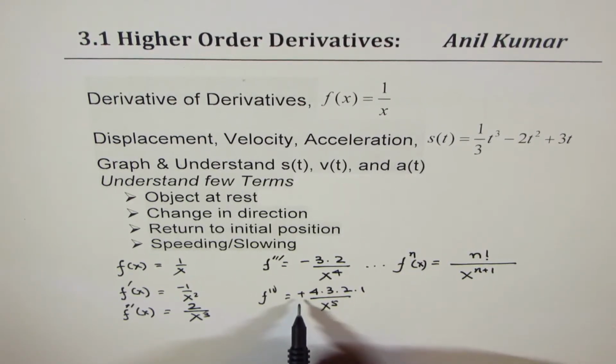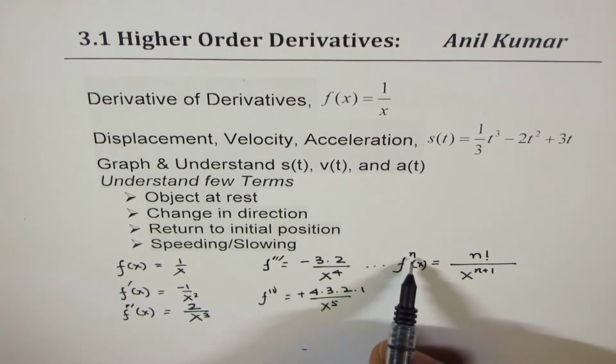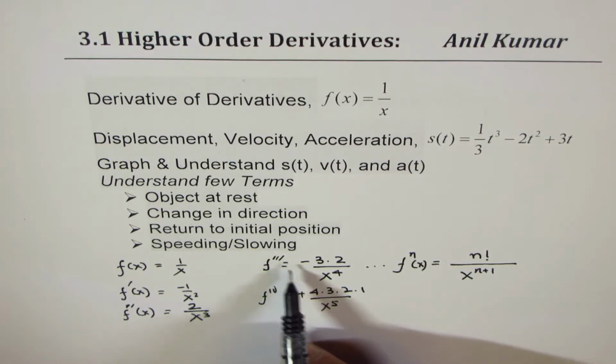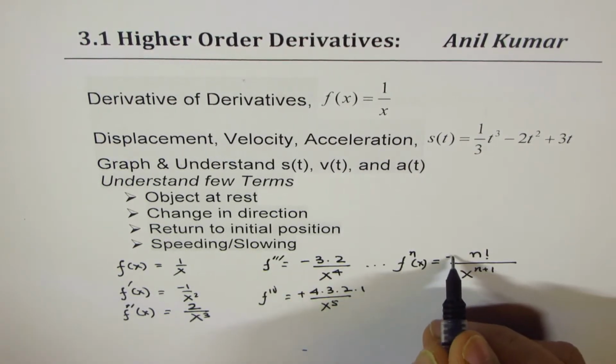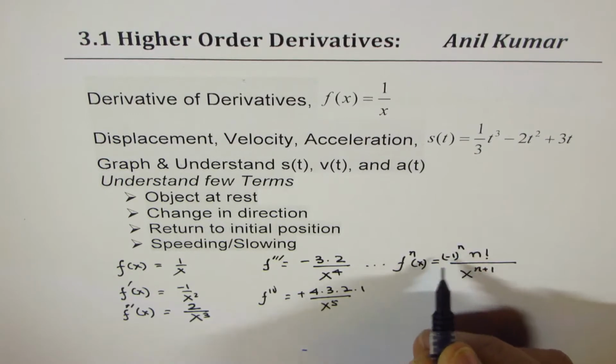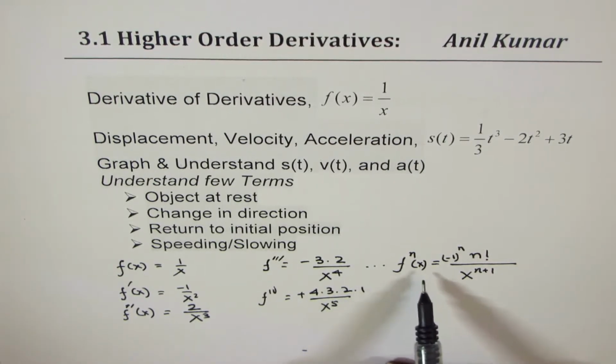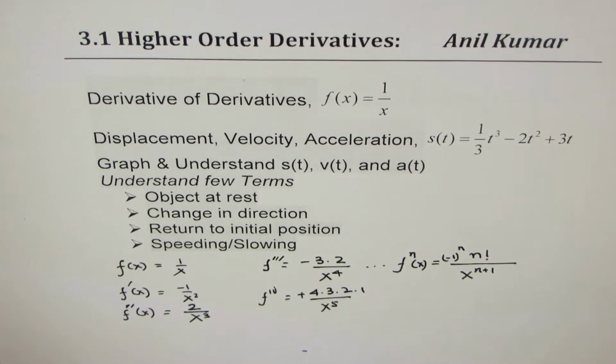And the sign here really depends on which derivative you are taking. If it is even, it is positive. If it is odd, it is negative. So we could write minus 1 to the power of n to take care of the sign. Do you see that? So there could be functions for which we may go on and on finding derivatives.